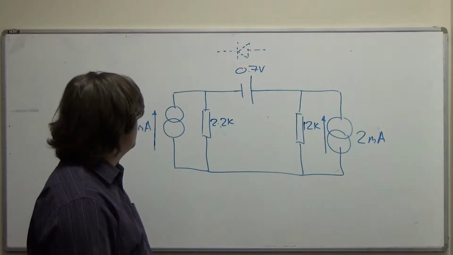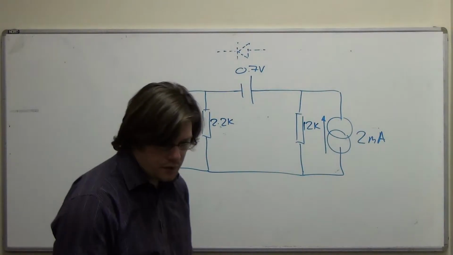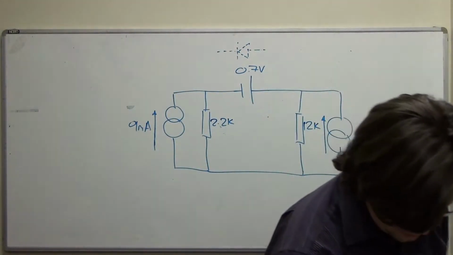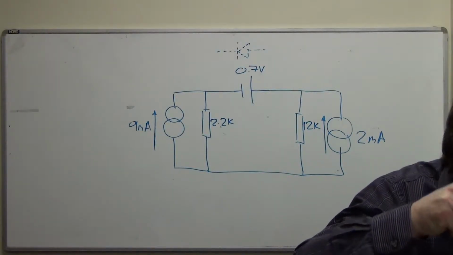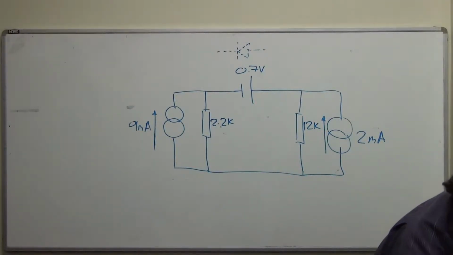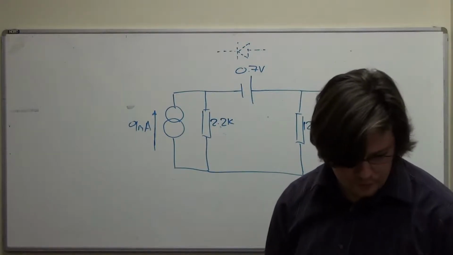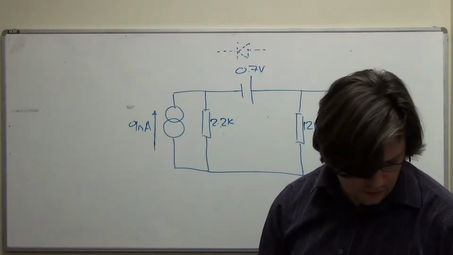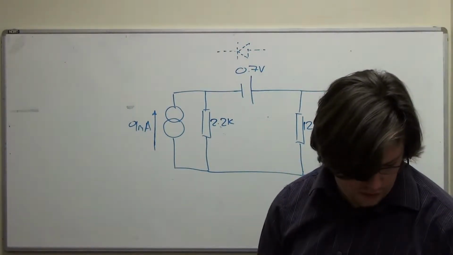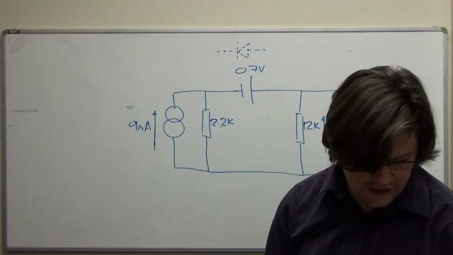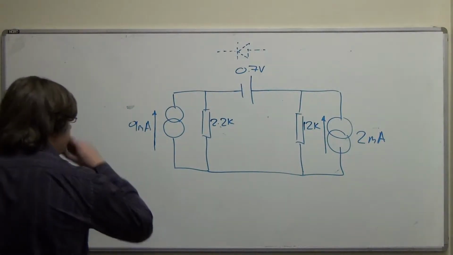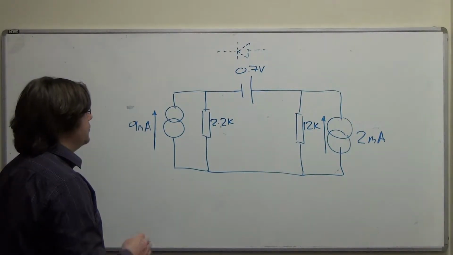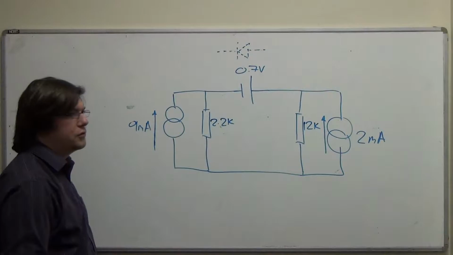So we will have to start somewhere, and for consistency I will do it the same way it's done in the answers. You can use any method you like to solve these, but if I give you more than one method it could be tricky. So what we'll do is we'll do it by superposition, and we'll start with the 9 milliamp source.